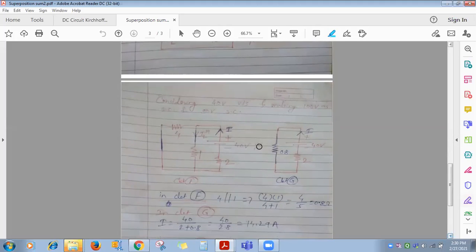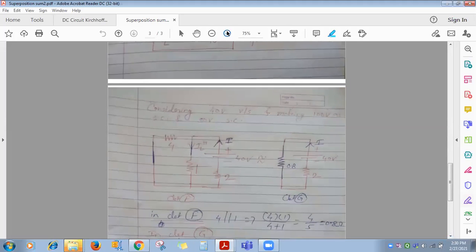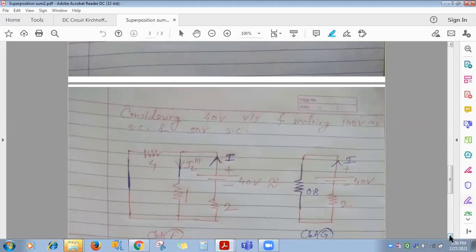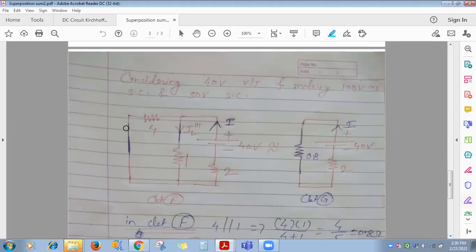Okay. See now, you consider the 40 volt voltage source. The rest two you make short. So the 50 volt and 100 volt sources are shorted, and the circuit will be like this. Now only 40 volt is there. So conventional current direction, I'll show here as I. Once it reaches node A, we are interested only in the current through 1 ohm, so obviously it will flow in the downward direction, and I'll represent it as IL triple dash.